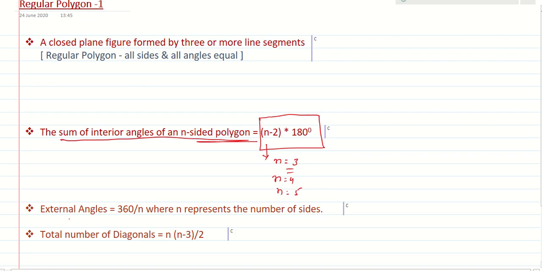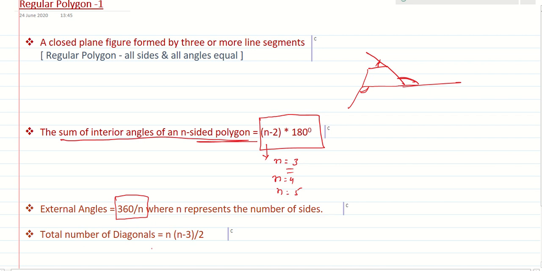And also very important, exterior angle means what? Let's say this is the polygon we have, right? So this is the exterior angle. This is the exterior angle. This is the exterior angle. How to find out? 360 divided by n. You can find that.